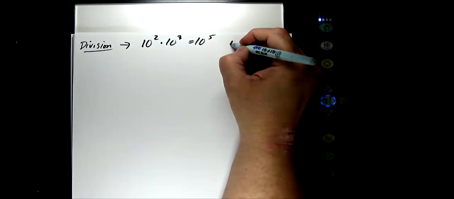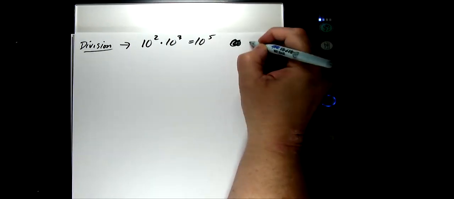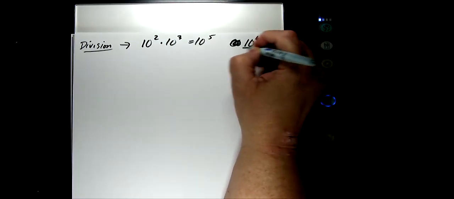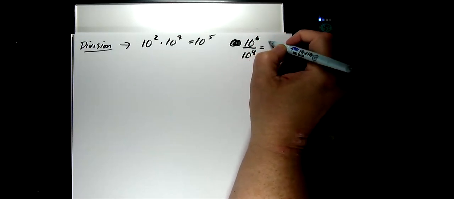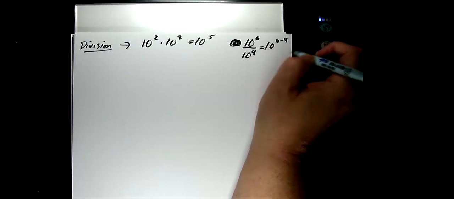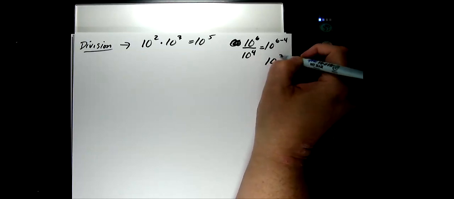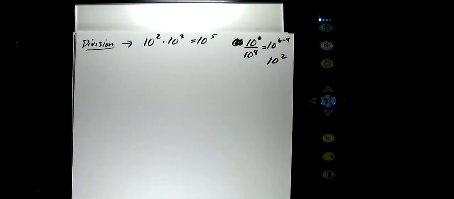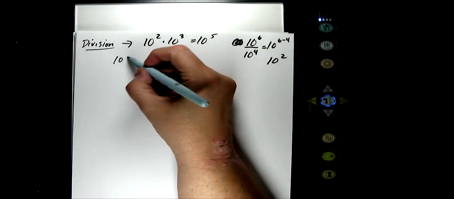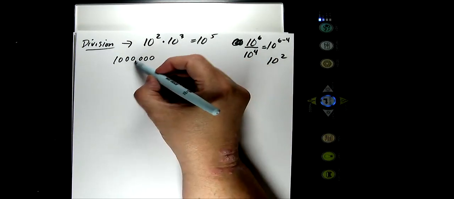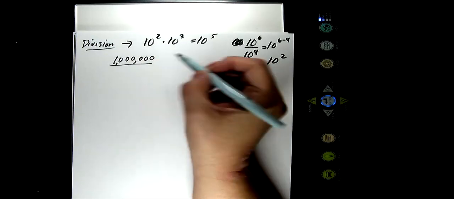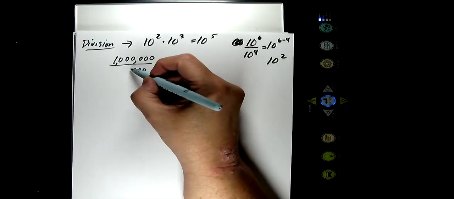When we divide, we subtract the exponents. 6 minus 4 would be 10 squared. And you can write it out. 10 to the 6th power has 6 zeros. 10 to the 4th power has 4 zeros.